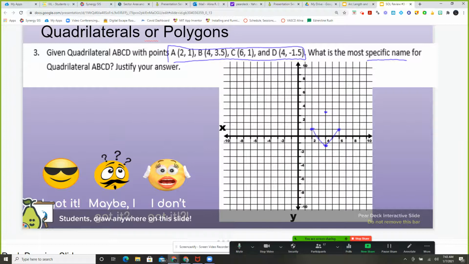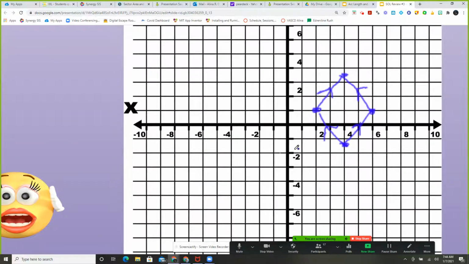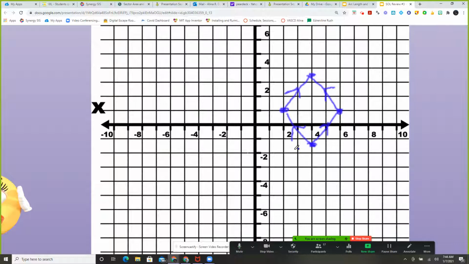And then if I connect those, do these lines look parallel? I've got a slope of up 2.5 and 2, and then up 2.5 and 2.